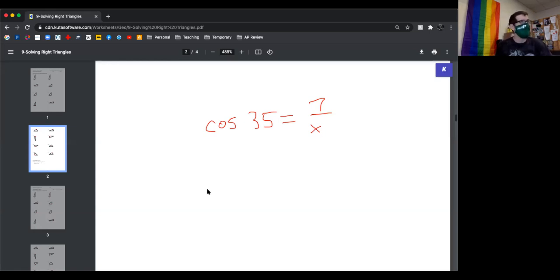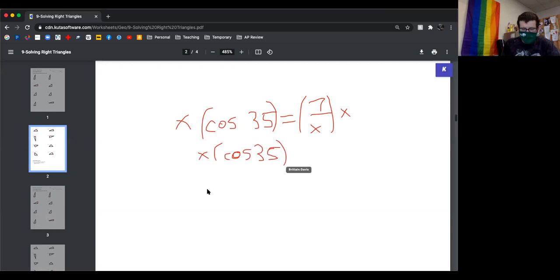This is a shortcut you can choose to use if you find it helpful. All right, so I multiply by x on both sides. And then I get x times the cosine of 35 equals 7, because these x's canceled out. And then I divide by cosine of 35.